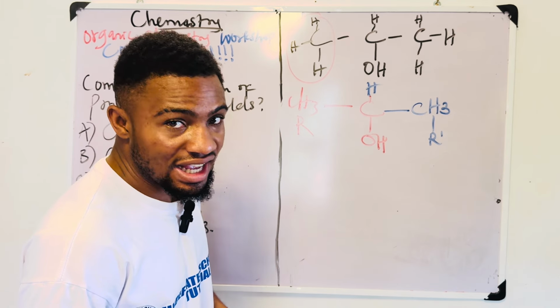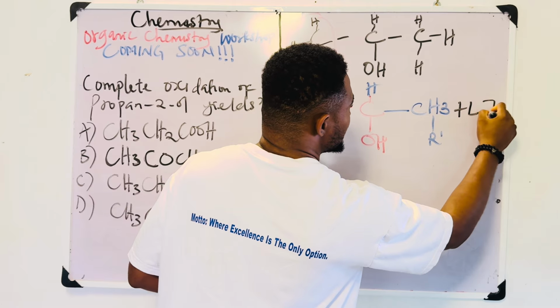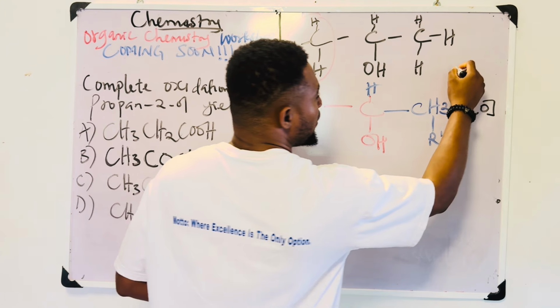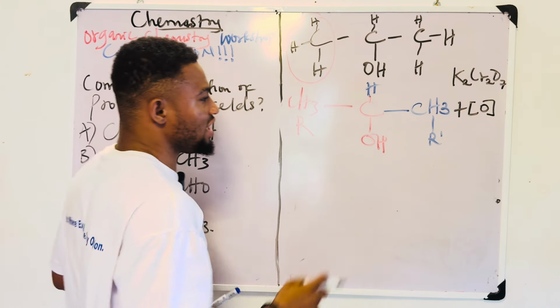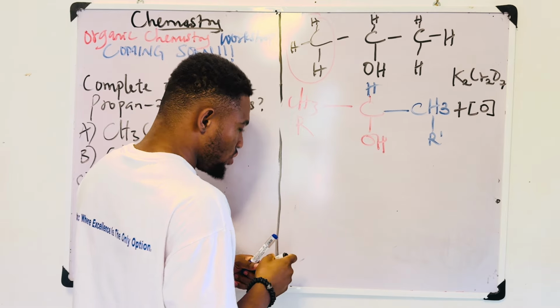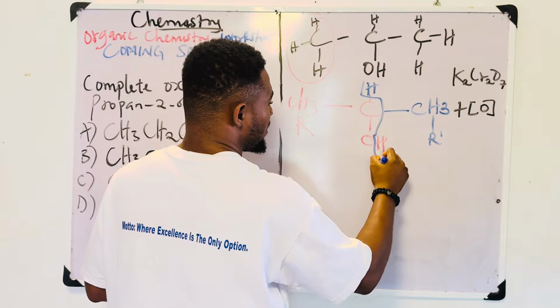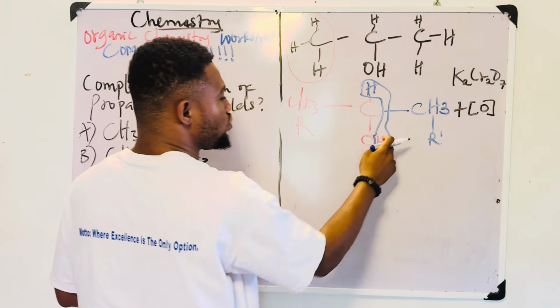See, if we oxidize it, look at what it's going to take, because we are going to add this to it: oxygen that came from K2Cr2O7, a strong oxidizing agent. It donated the oxygen for us. So look at what it's going to do. This oxygen is going to take these two hydrogen.